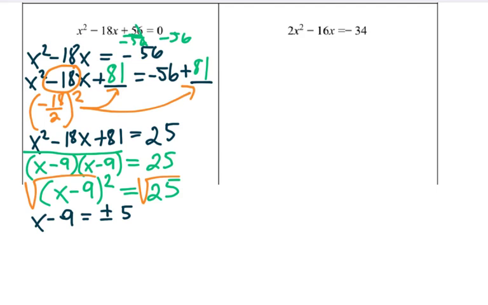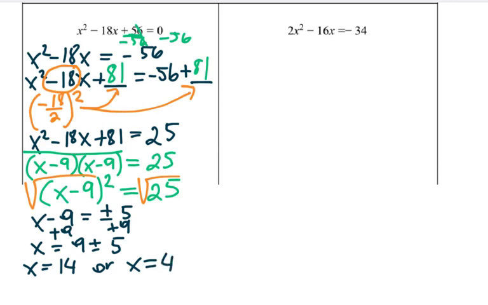I will find them, but first I need to add 9 to both sides, which means 9 plus or minus 5. And what does it mean? It means that I have 9 plus 5, which is 14, or I have 9 minus 5, which is 4.